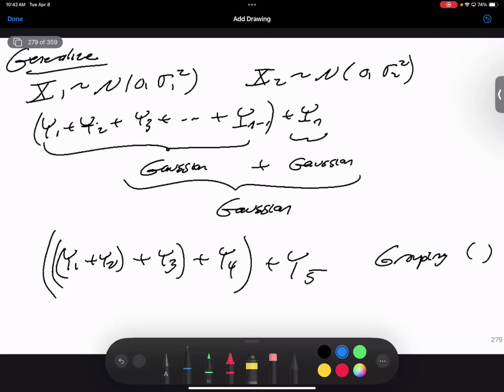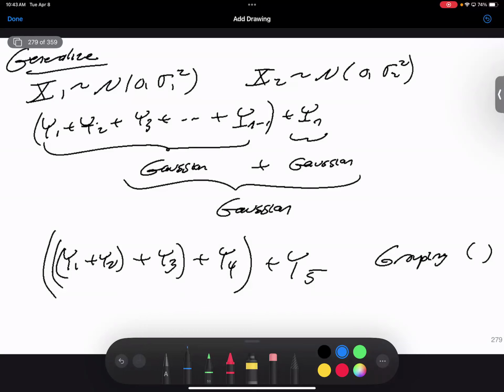Imagine we can show Gaussian plus Gaussian is Gaussian. Then imagine we had n Gaussians. Well, by the inductive assumption, the first n-1 are Gaussian. The last one is Gaussian. Gaussian plus Gaussian is Gaussian. So all we have to do is show that the sum of any 2 Gaussians is a Gaussian, and then we know the sum of an arbitrary finite number of Gaussians is Gaussian. It's important, however, that we do it for arbitrary standard deviations or variances.